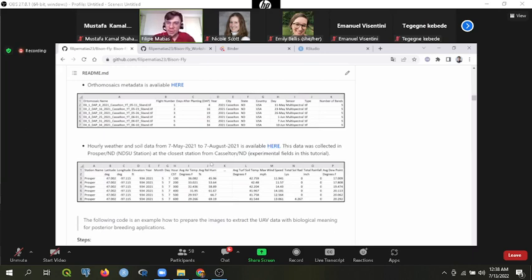In our case, our flights were in Casselton, but the closest station to our location was Prosper. That's why we went there and collected on an hourly basis. I guess every hour we collect from the station a lot of information about the weather and the soil. So feel free to download this and also start playing around with the statistical analysis. Okay.